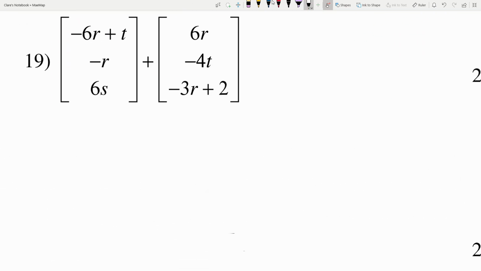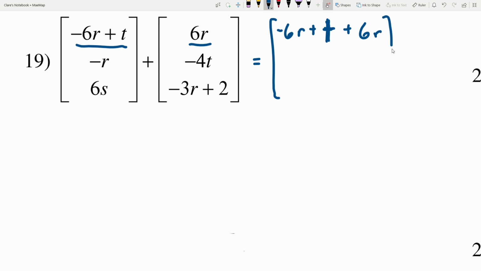In number 19, we're adding a 3 by 1 to another 3 by 1, which will result in a 3 by 1. So, adding the first row, first column together, we'll get negative 6r plus t plus 6r. I'll make this t a little bit darker so that you can see that it's a t and not a plus. That's our first row, first column.